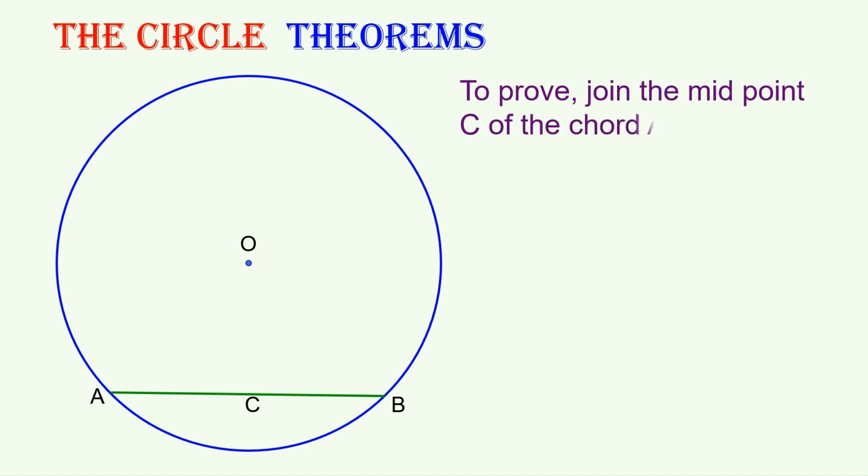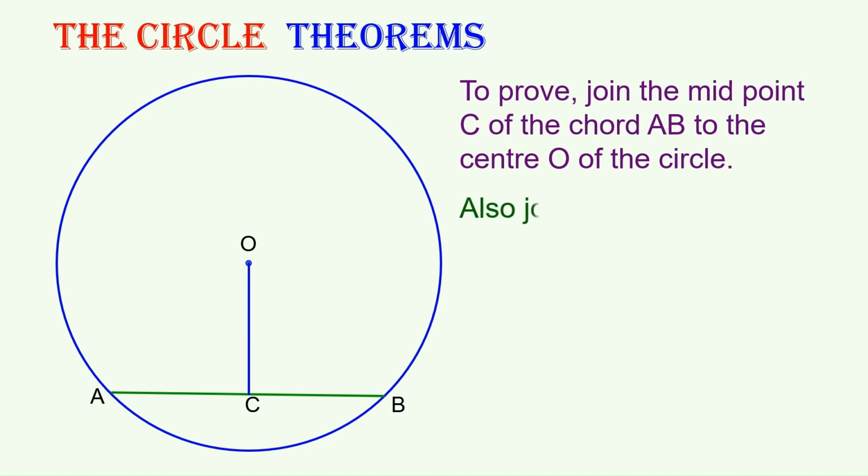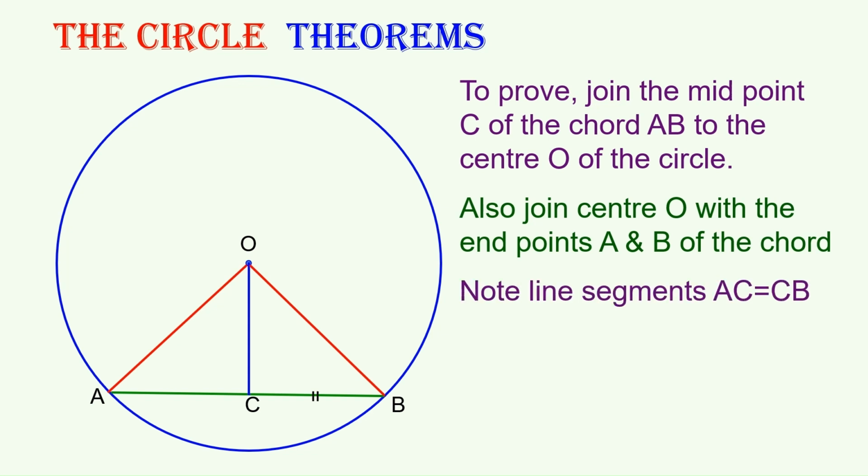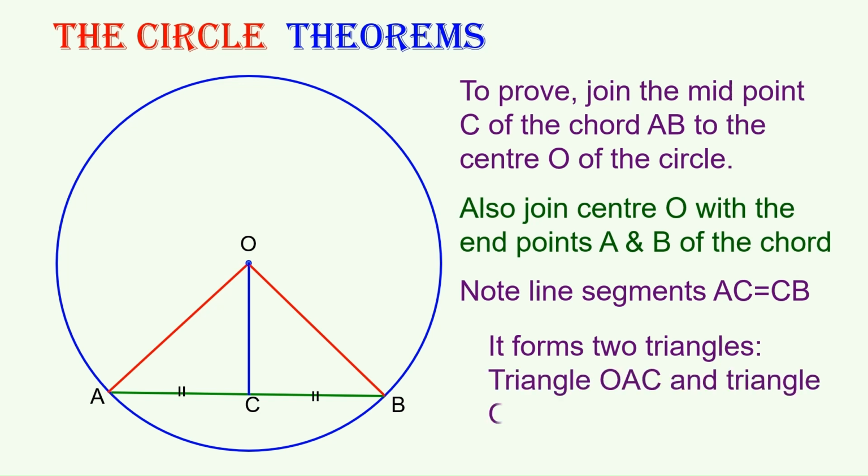To prove, join the midpoint C of the chord AB to the center O of the circle. Also join center O with the endpoints A and B of the chord. Note: the line segments AC equals CB. It forms two triangles, triangle OAC and triangle OBC.